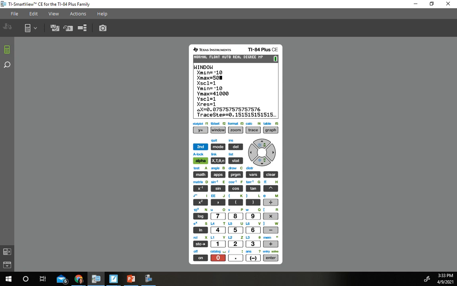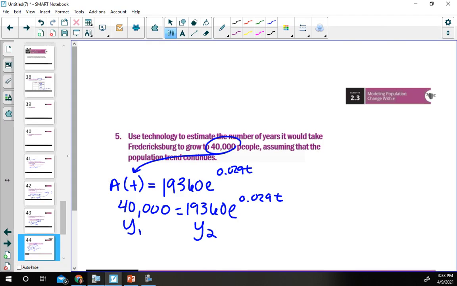We're going to put 50. All right, second trace, intersect. I'm going to get as close as I can. I'm going to press enter 3 times. This is going to get me past the first curve, the second curve, and then guessing to where it's at. So in 25 years, we will have that 40,000 people.